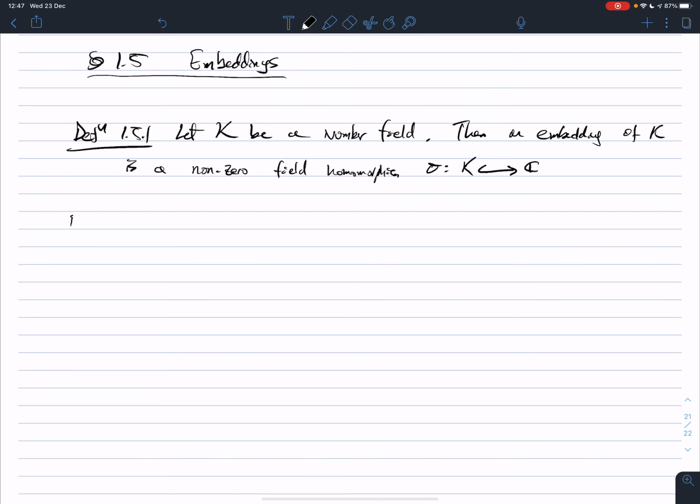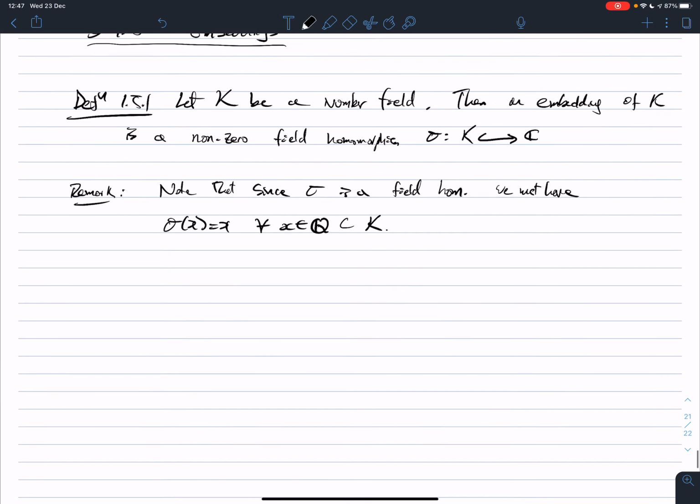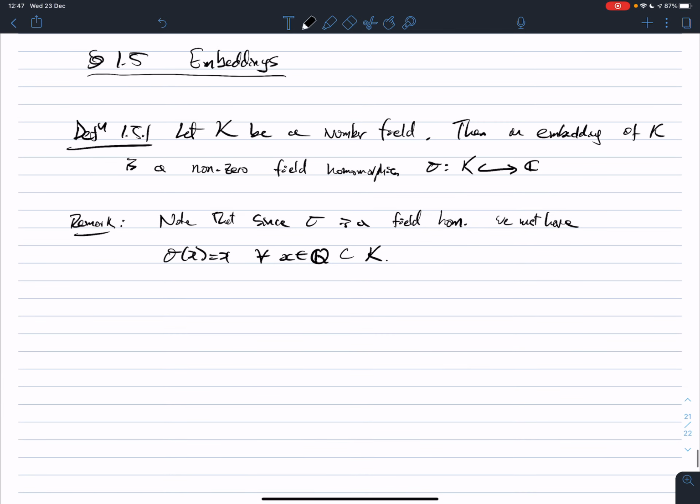One thing to note, so here's a remark. Note that since sigma is a field homomorphism, in particular it's a ring homomorphism, we must have sigma of x equals x for all x in the rational numbers, which is contained in my number field K. These field homomorphisms can't do anything to the rational numbers.